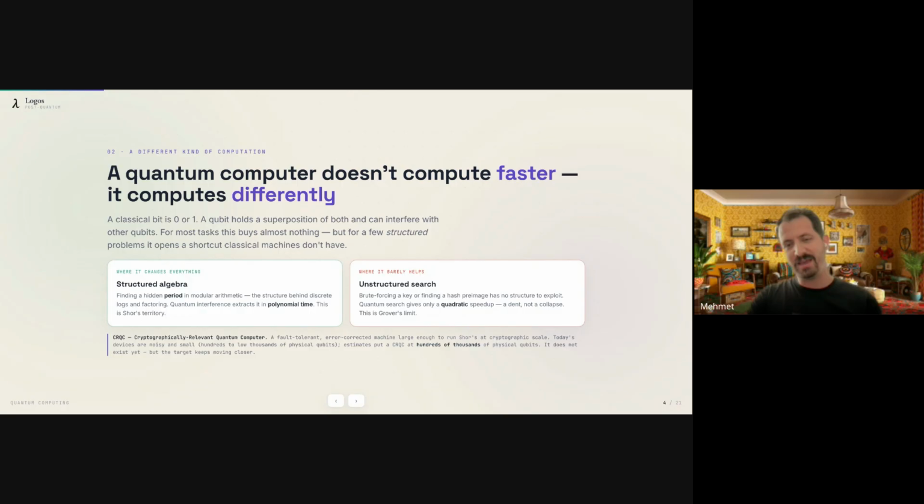For that, we need hundreds of thousands of physical qubits.